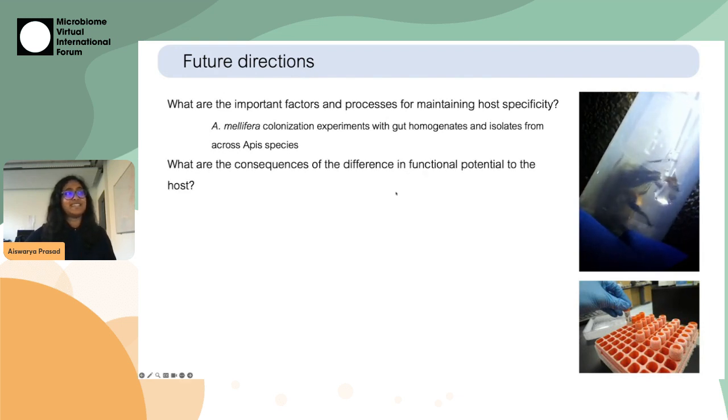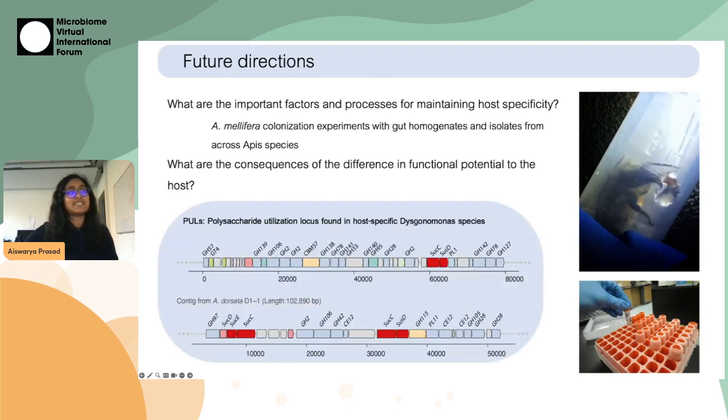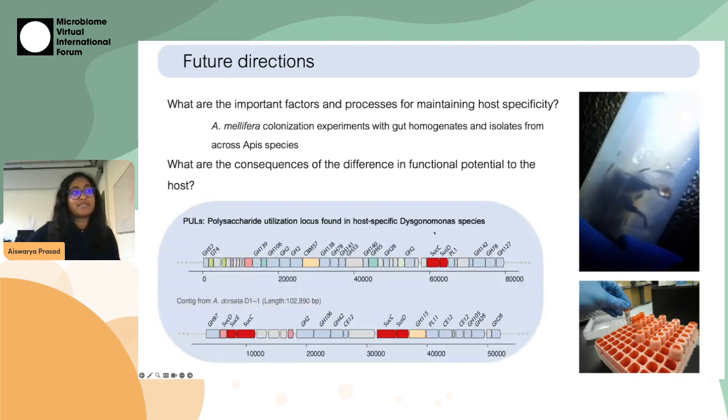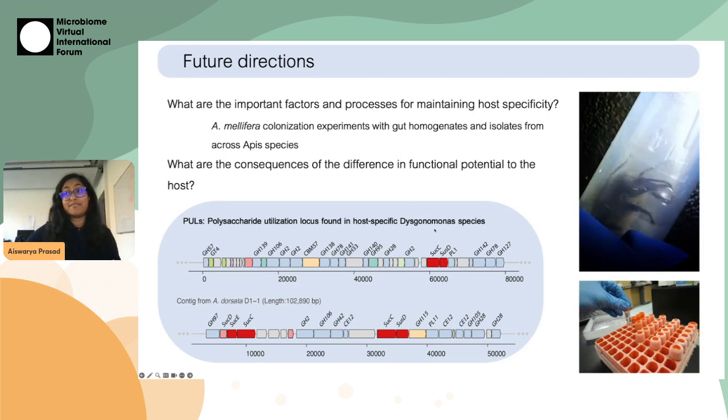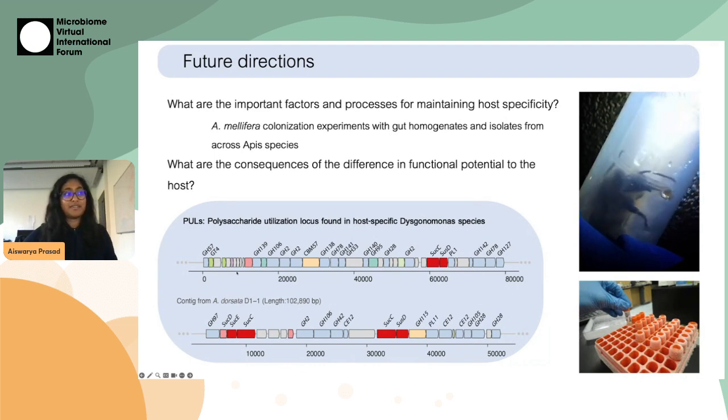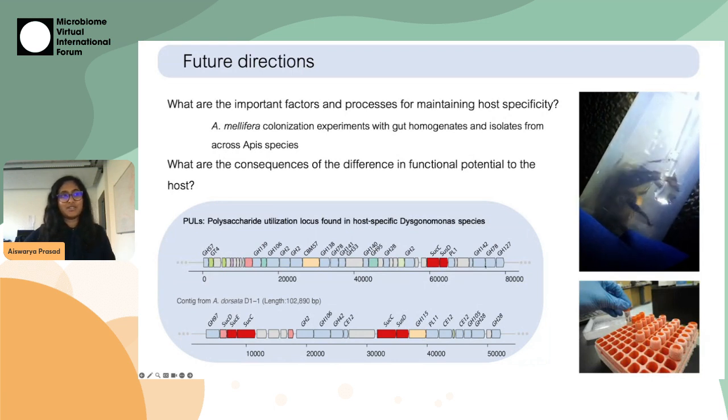Another question is, what are the consequences of the differences in functional potential? For example, we see this species of Bombilactobacillus, which is host-specific, mainly found in the giant honeybee, which harbors a huge repertoire of enzymes in these polysaccharide utilization loci. And these enzymes are important to break down complex carbohydrates, which are found in pollen, which is an important part of the honeybee diet.